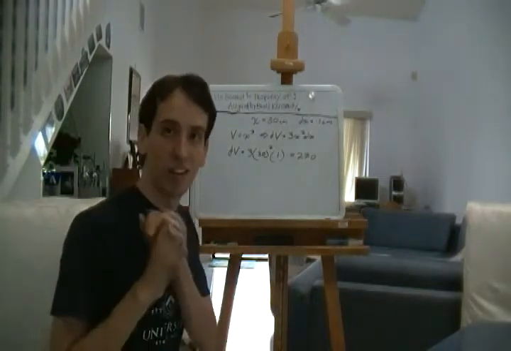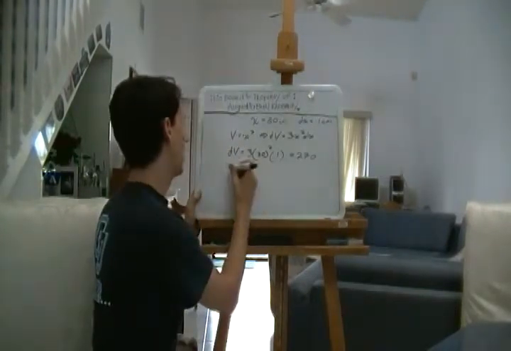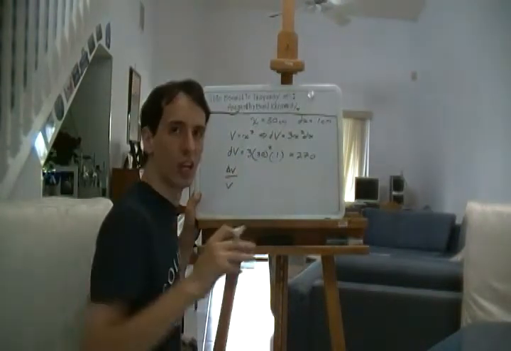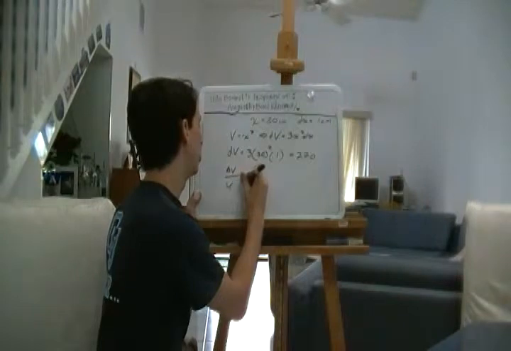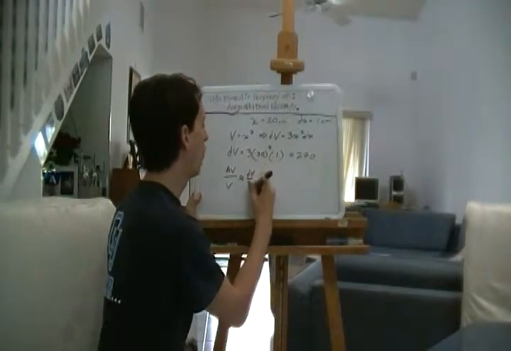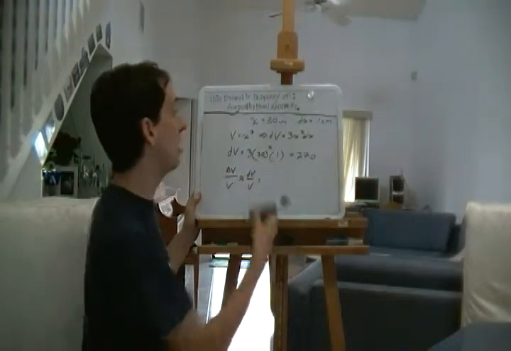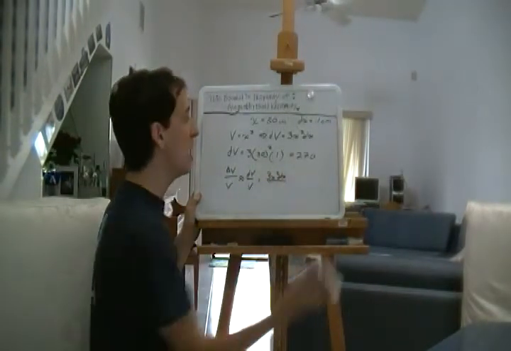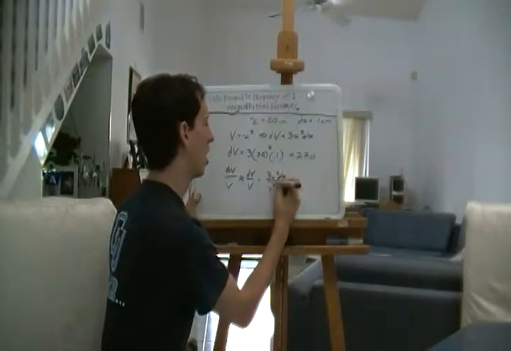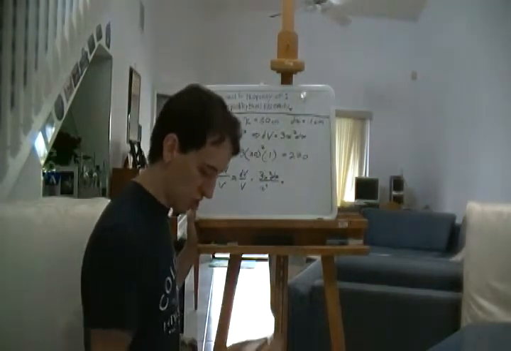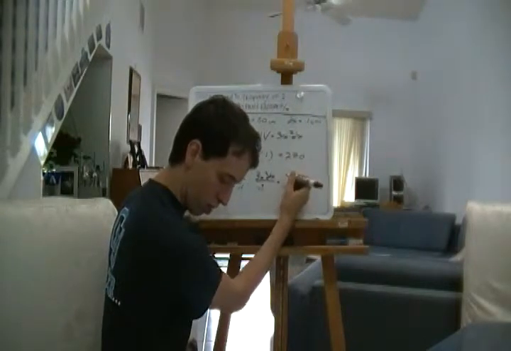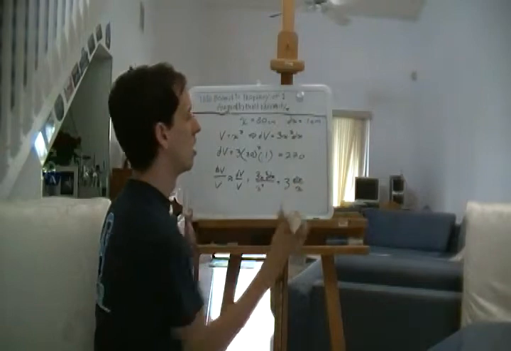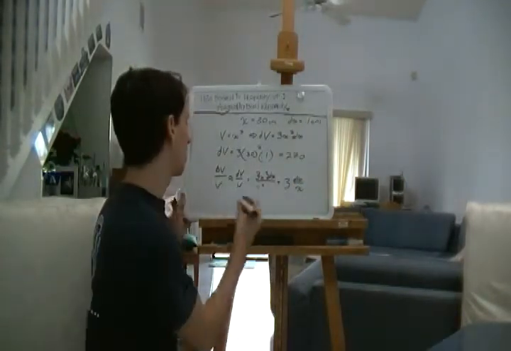Now, if you remember to calculate the relative error, we're going to take delta v, the change in v over v, and we're going to realize that that's approximately equal to dv over v, and dv is 3x squared dx, v is x cubed, and that's going to reduce down to 3 dx over x. But once again, we know what dx and x are.